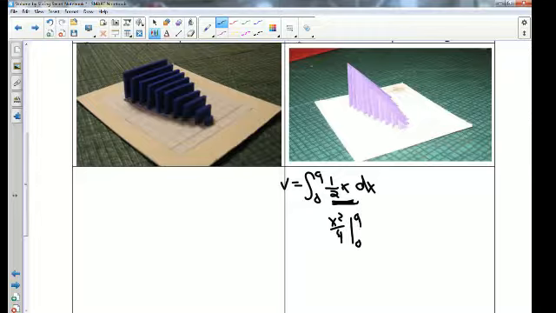Again, we've been having some notational issues there. Make sure you're writing it as expected. So 81 over 4. So it's half as large as the squares, which makes sense, right? It's a triangle. Isosceles right triangles, in fact.